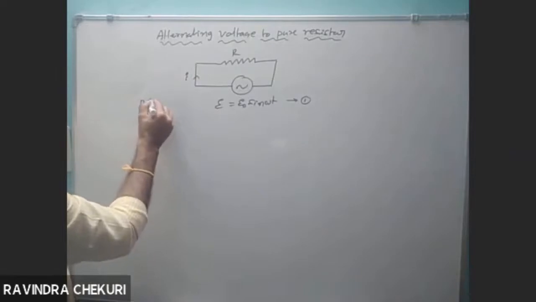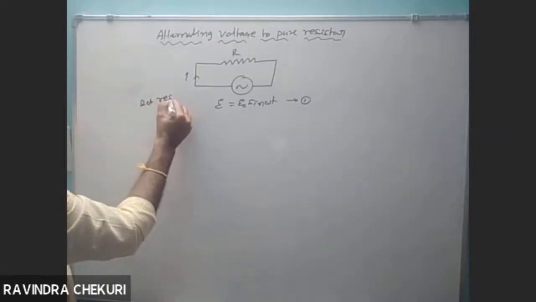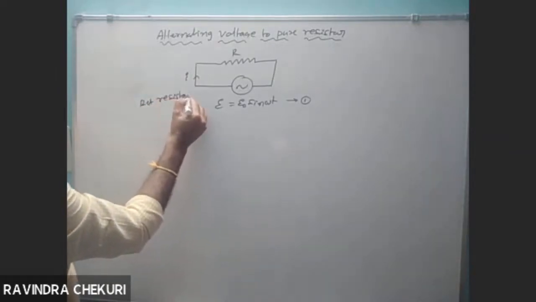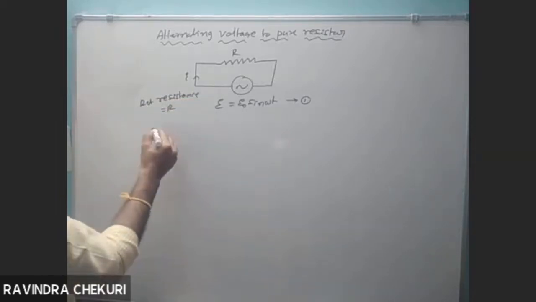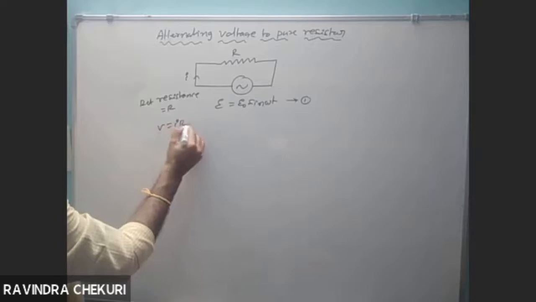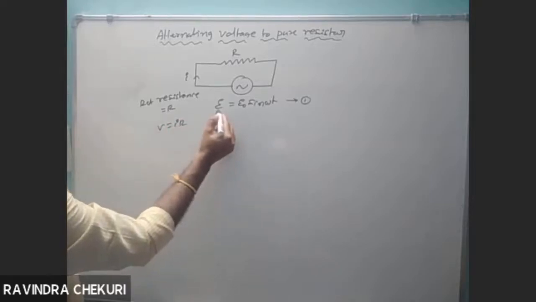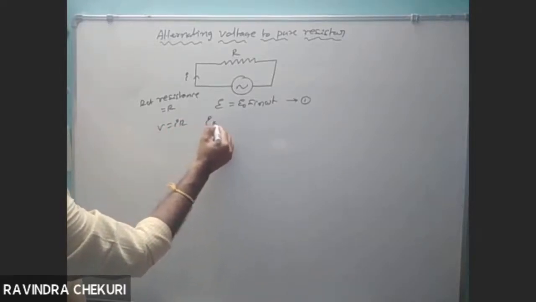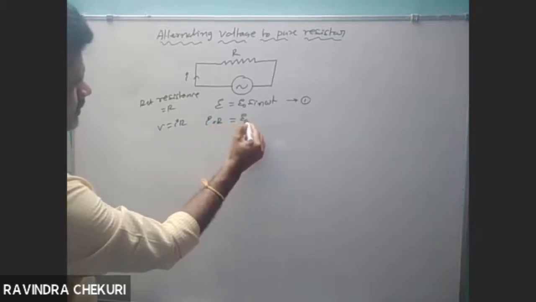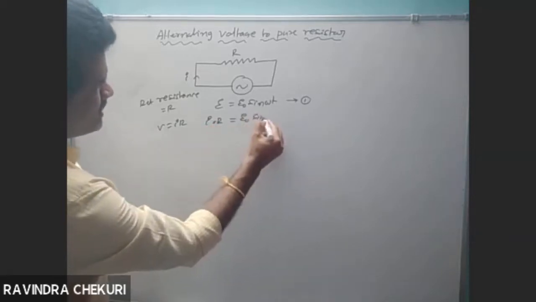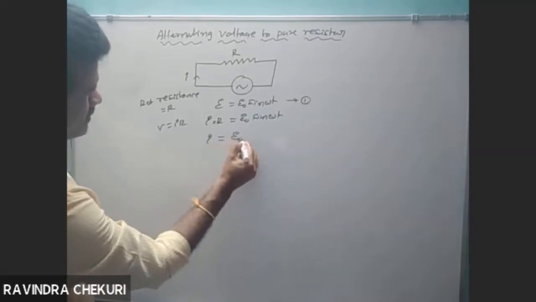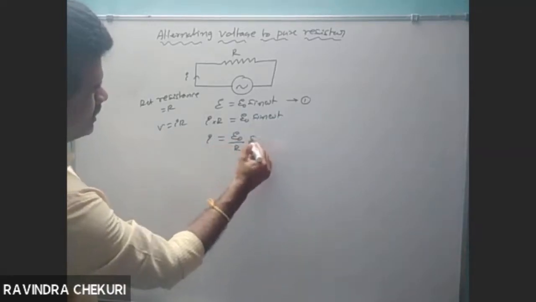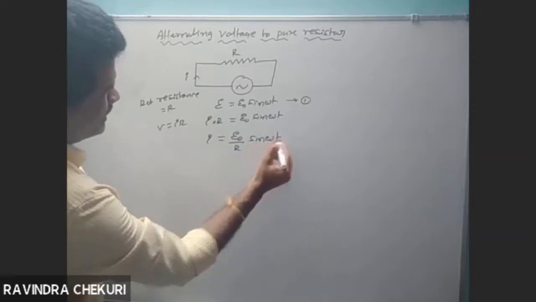Net resistance is equal to R. So V is equal to IR, where V is the applied potential. So I into R is equal to E0 sin omega t, so I is equal to E0 by R into sin omega t.